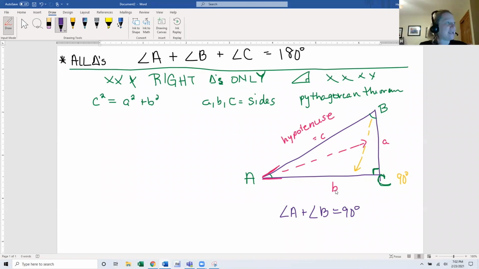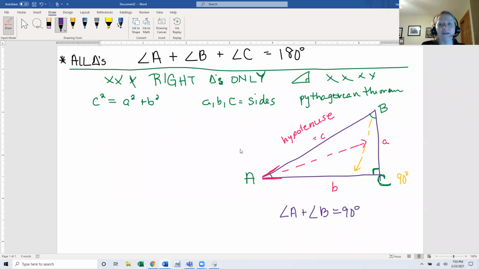So bigger angles project or create bigger sides. So if angle B is bigger, side b is bigger. If angle A is smaller, side a is smaller. That's just a visualization skill that helps with this triangle stuff. We can kind of check ourselves.